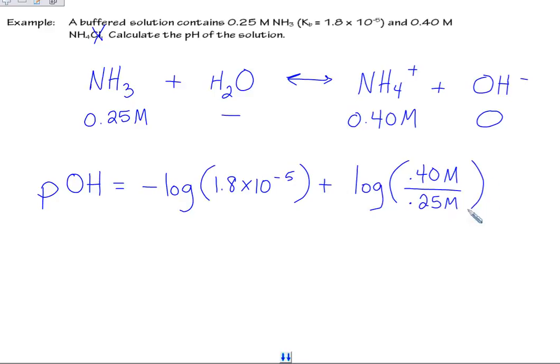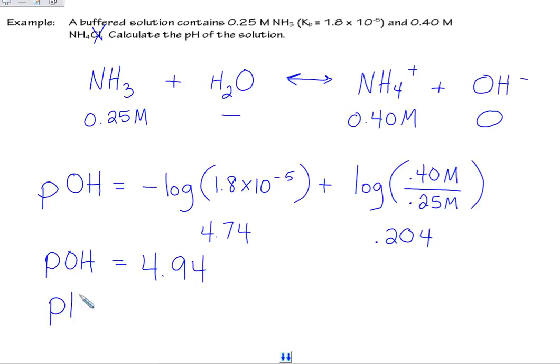You plug it all in. If I simplify this a little bit, I'm at like 4.74-ish. And here I get about 0.204-ish. I plug it in my calculator to get the pOH as about 4.94. And then I can just subtract that from 14 to get the pH. The pH should be about 9.06.